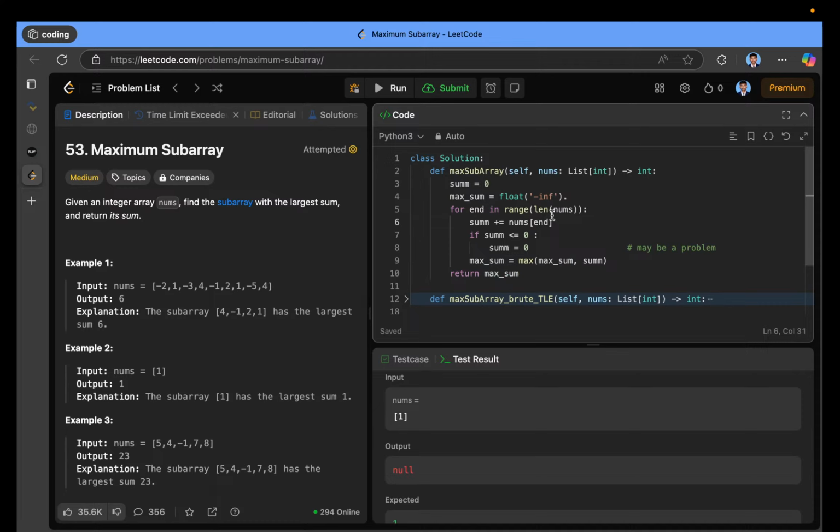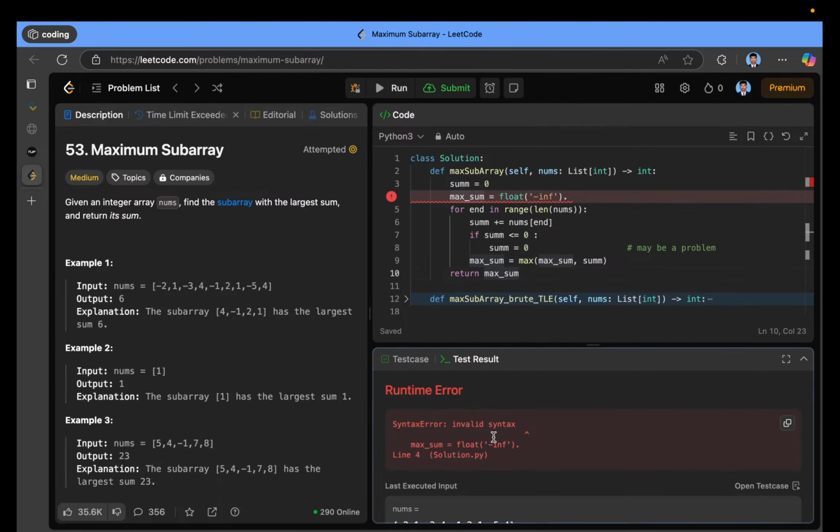For int in range length of nums, sum plus equals nums at int. Plus equals, I'm doing it right. If sum is less than or equal to 0, then sum is equal to 0. If sum goes below 0, reset sum to 0. If not, max sum is equal to max of maximum and sum. Okay, return maximum. Oh, everything is fine here.